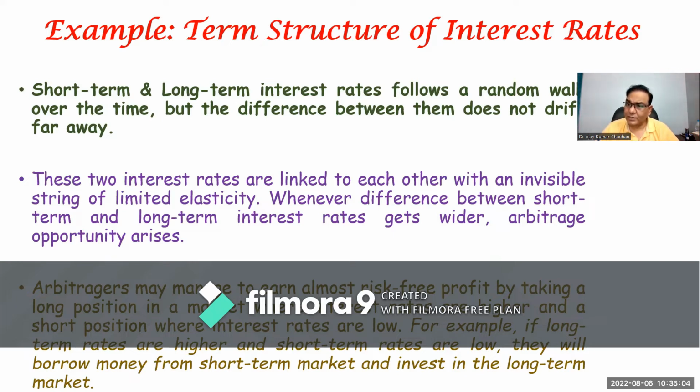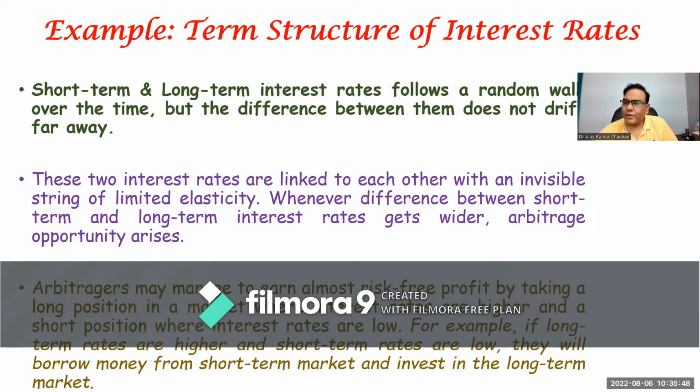On the other side, we have one more arbitrage opportunity: the long-term interest rate and the short-term interest rate. If I ask you what is the interest rate for five years and what is the interest rate for 1 year, do you think the interest rate for 1 year is equal to the interest rate of 5 years? The answer is no. Normally, the interest rate on 5 years is more than the interest rate on 1 year. So what kind of arbitrage opportunity exists?